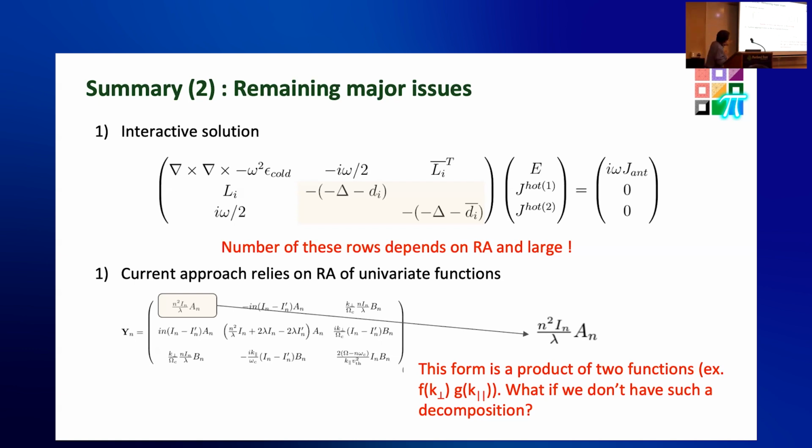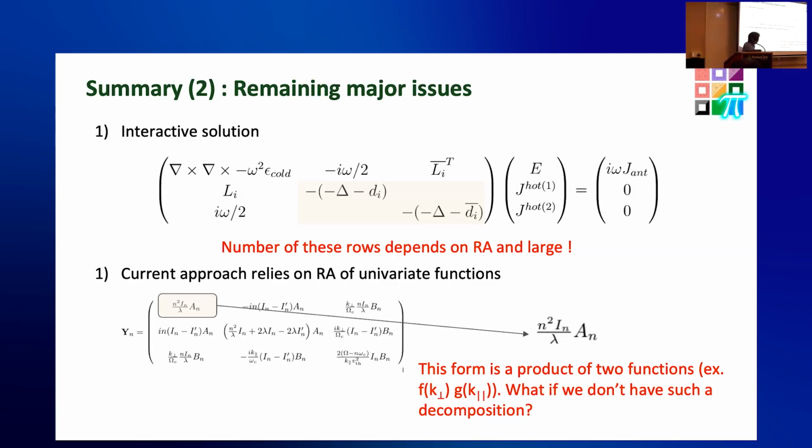The other thing, the second, is that we are right now relying on the rational approximation of univariate functions. However, as I said, there is K perpendicular and K parallel with respect to the magnetic field.